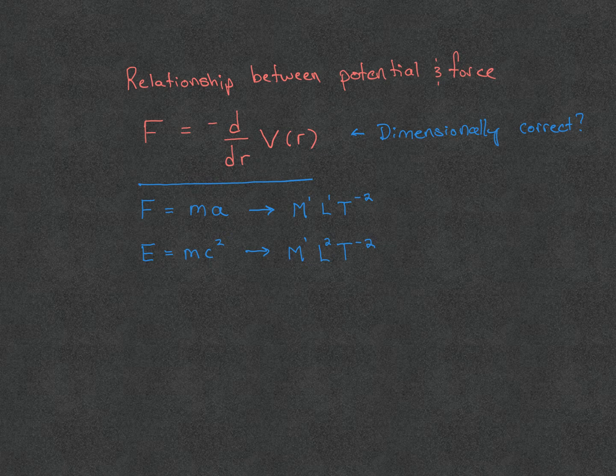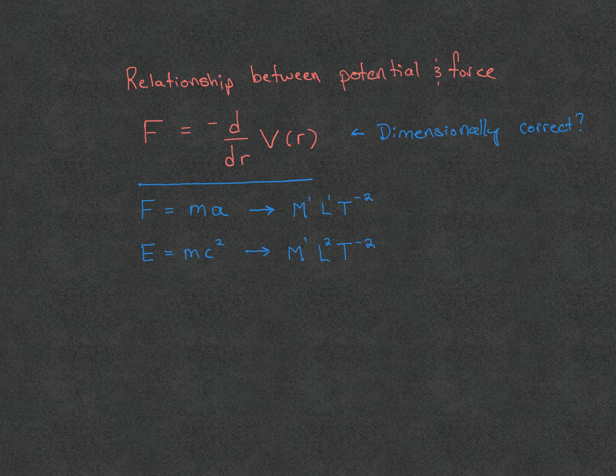And so then we look at this statement that we wrote here, where we said, let's take the potential, which is an energy. The potential has dimensions of energy, and let's take a derivative with respect to R, okay? And so basically what we have to figure out is, what is the dimensionality of this derivative with respect to R?